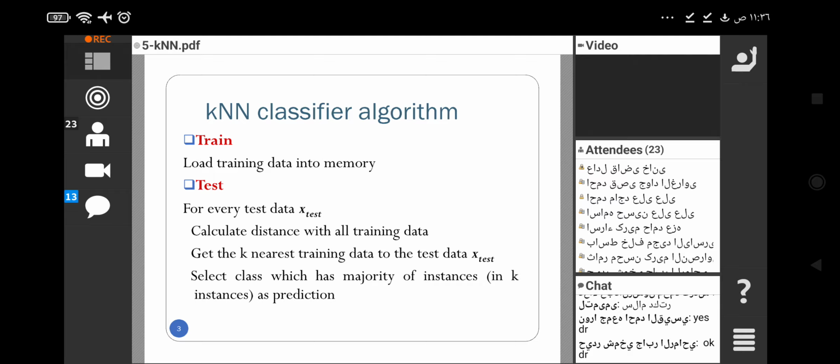The algorithm of KNN is like this. In the training phase, we don't do anything. We don't have training, and all the tasks are done in the test phase.